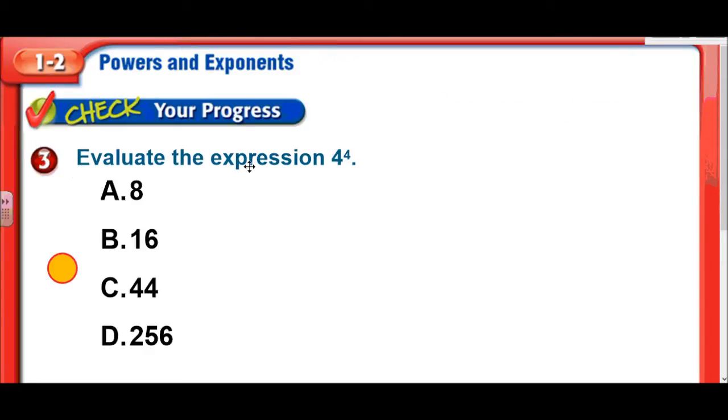All right, now we're going to evaluate the expression 4 to the 4th power. Now, evaluate means simply to solve. Sometimes there's more involved in the problem. It might be a more difficult problem, but evaluate simply means to solve. An expression is a problem without an equal sign, and as you can see here, it doesn't say 4 to the 4th equals question mark. It just says 4 to the 4th.